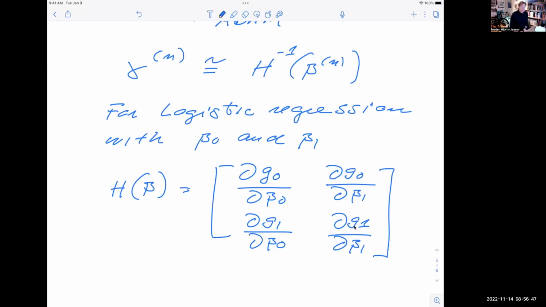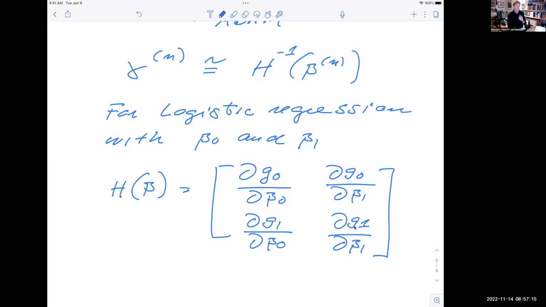So as I said, if you're dealing with the Wisconsin cancer data, this is going to be a 30 by 30 matrix. If you're doing DNA sequencing where you want to find which features of the DNA are the important ones for, let's say, one specific type of tumor, you can easily end up with hundreds of thousands of features which you want to examine. And then your Hessian matrix is basically impractical to invert.